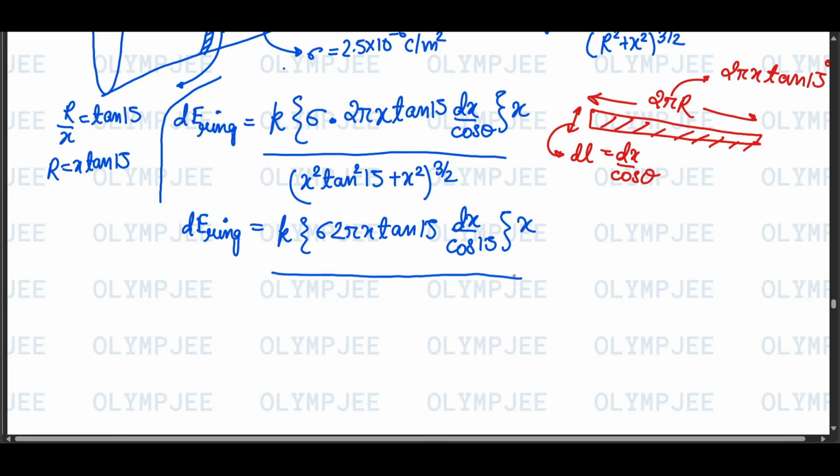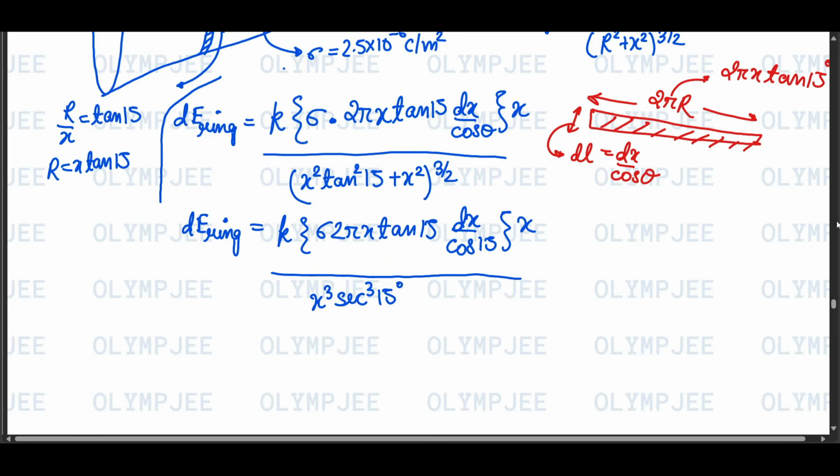and tan square plus 1 can be written as sec square. So this will become x square sec square 15, and raising to the power 3 by 2, we will get x cube sec cube 15 degrees.